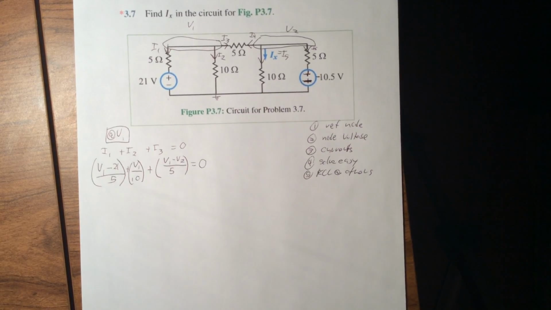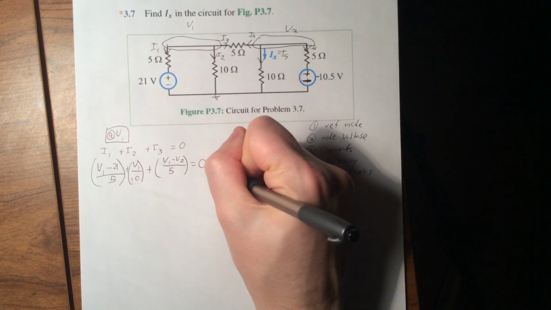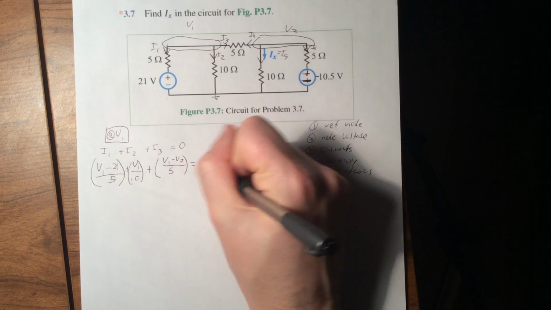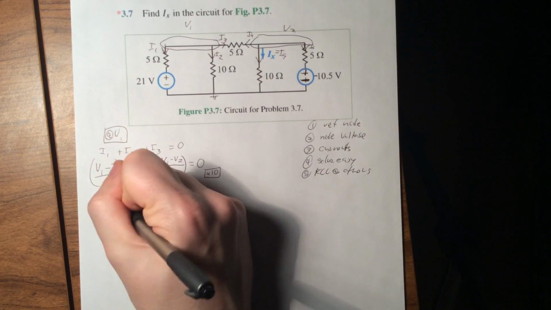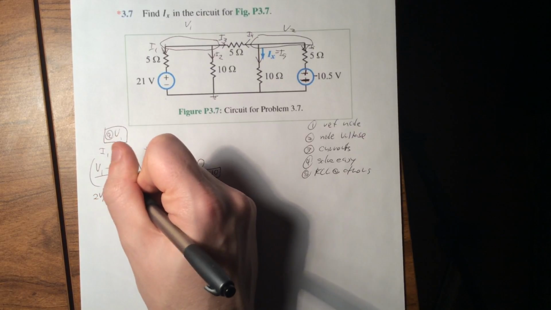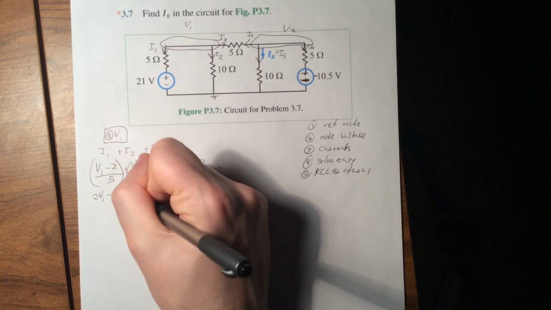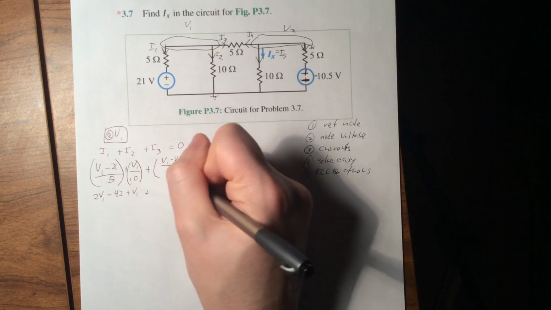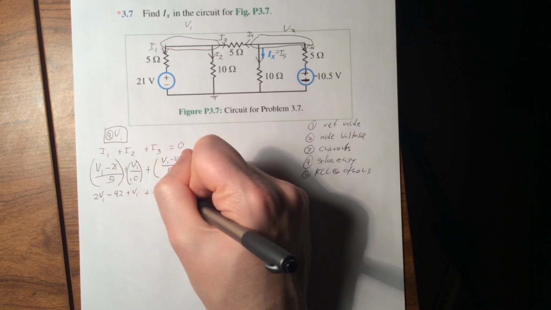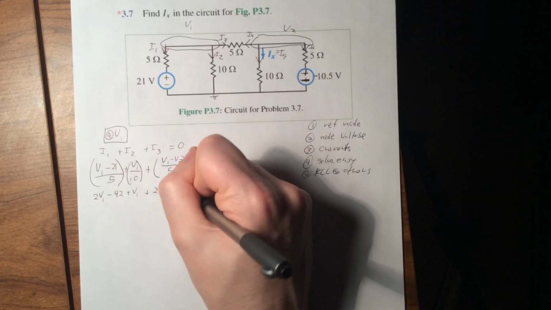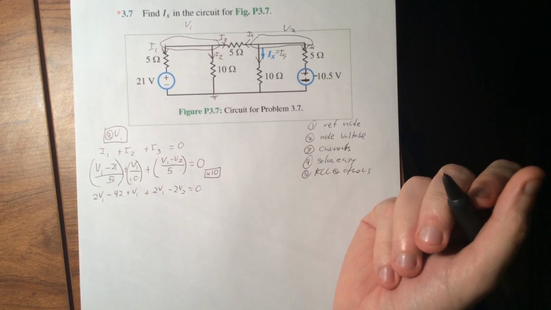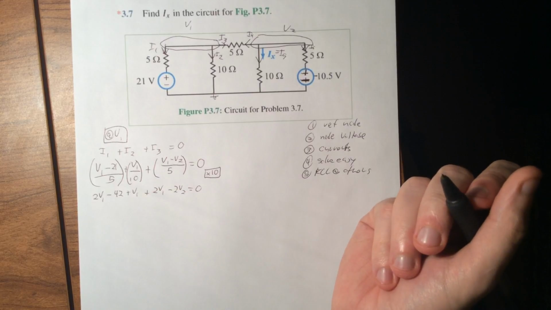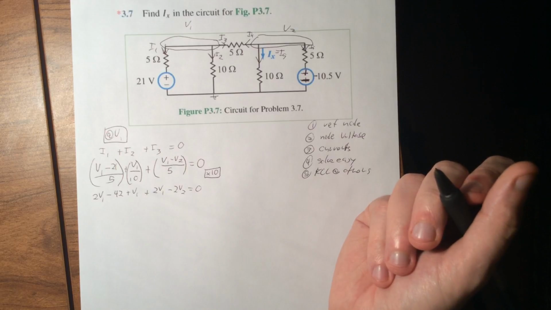Nice. So let's multiply that by 10. That's going to be a nice easy number, I think. Yeah, good. So we're going to get 2V1 minus, what is 21 times 2? 42. Plus V1, plus 2V1 minus 2V2 equals 0. Let's collect our like terms.